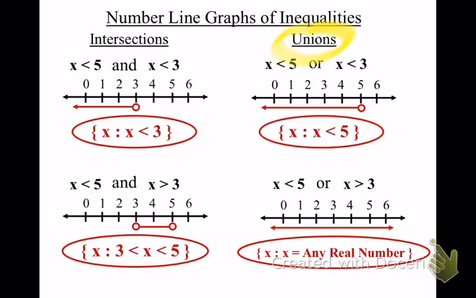They don't have to be part of both groups. You're including both groups. That's a union. So when I take this part right here, I'm going to pick up every single solution in that direction. When I pick up this point right here, I'm picking up everything in that solution. And they both go on and on forever. Okay, so it could be any real number because they go on forever.